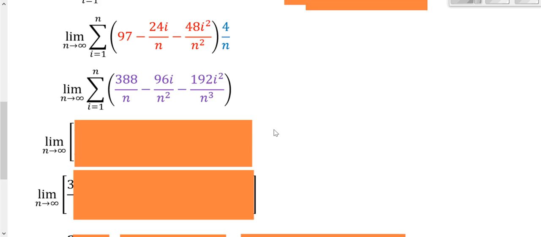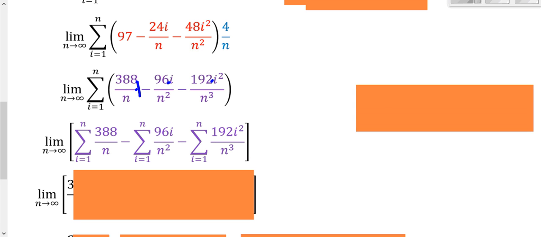Now, this is really this blue fraction times 1. This is really times an i. This is times an i squared. So we're going to go ahead and apply our sum to each one of these.